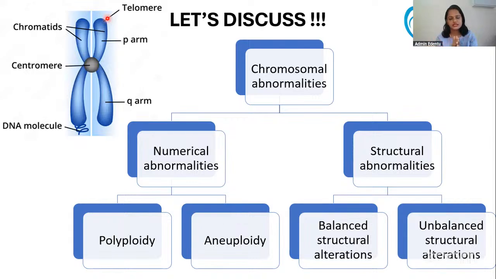All somatic cells have a fixed number of chromosomes: 23 pairs, or 46 chromosomes, in every cell.